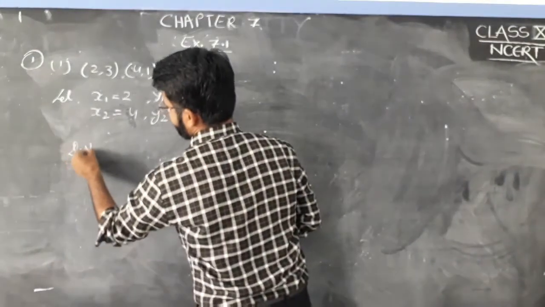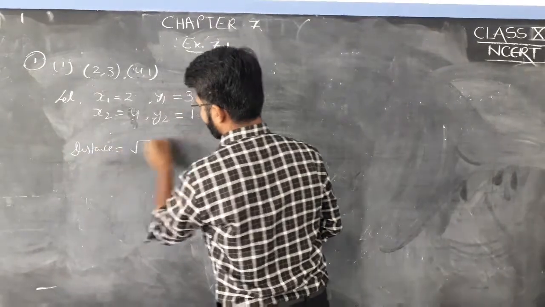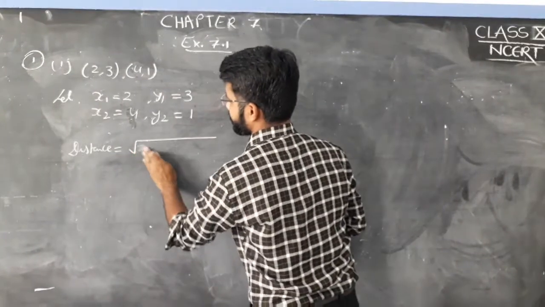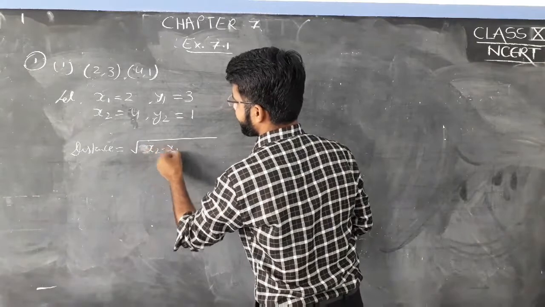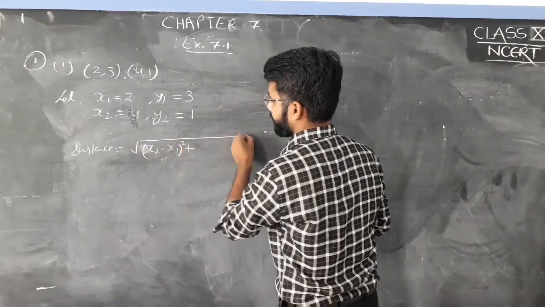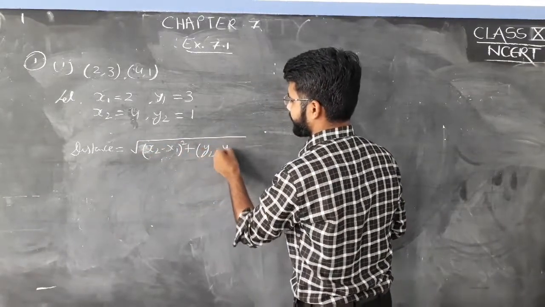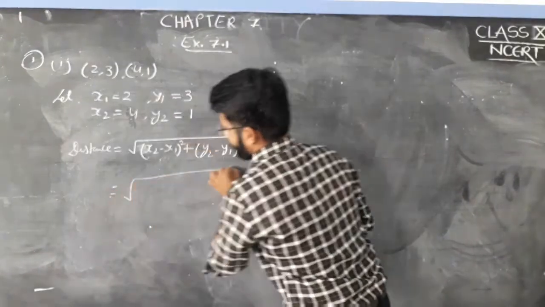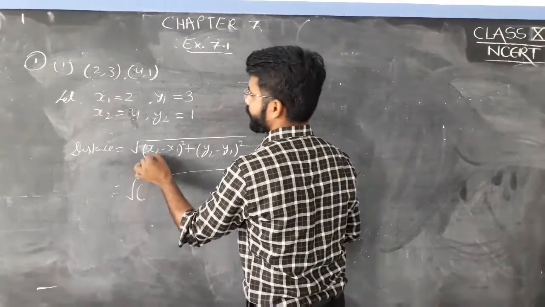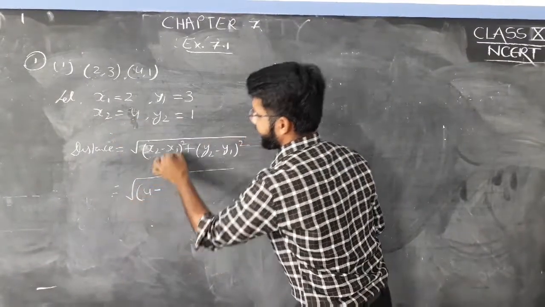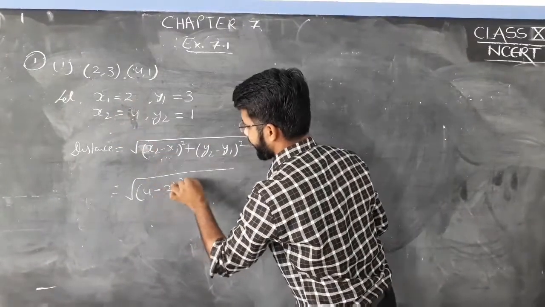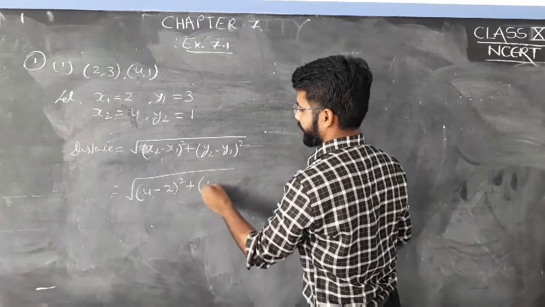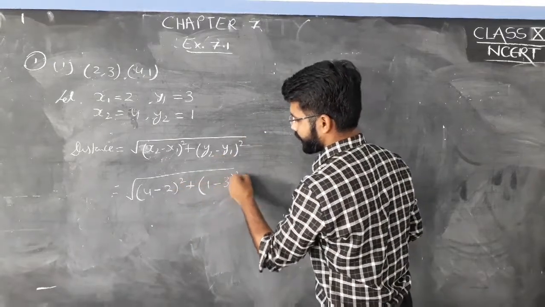So the distance would be, as you know, the square root of (x2 minus x1) square plus (y2 minus y1) whole square. Instead of x2 we get 4 minus x1 which is 2, square, plus y2 which is 1 minus y1 which is 3, square.